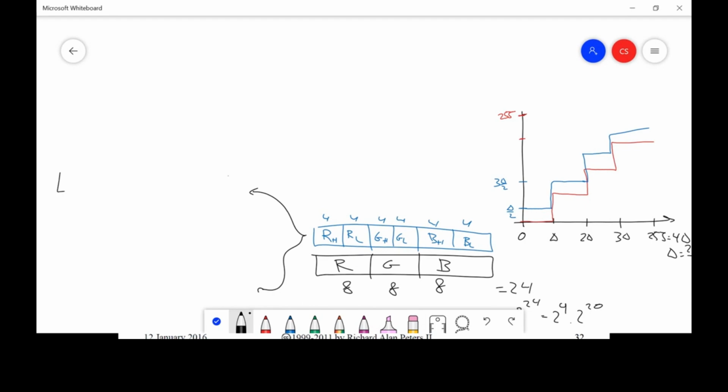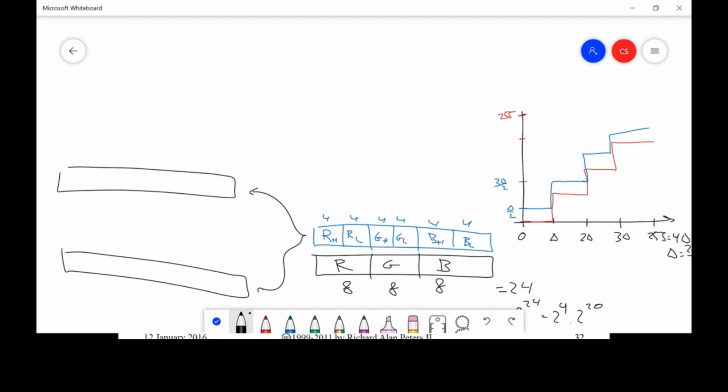So we have the 3 channels, the 2 half bytes of each one of the channels, and I can have here the high image, where I substitute the red low by 0, the green low by 0, the blue low by 0, and I can have the ones with the low parts.